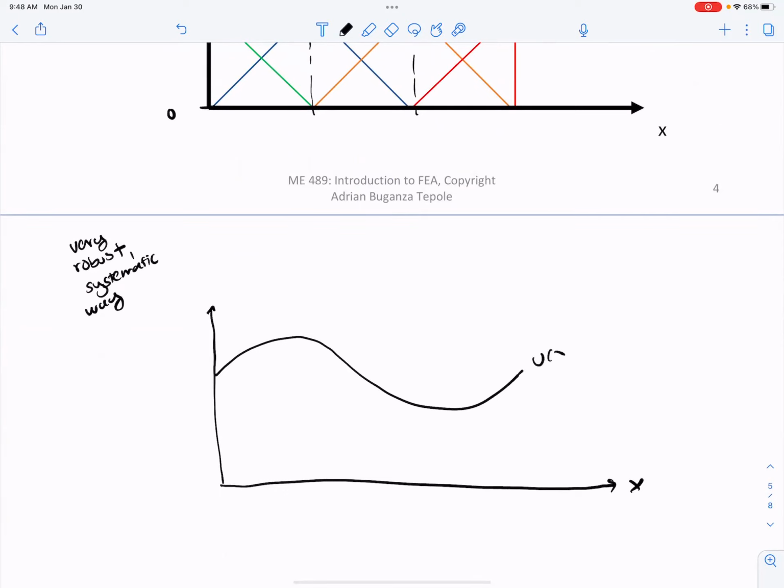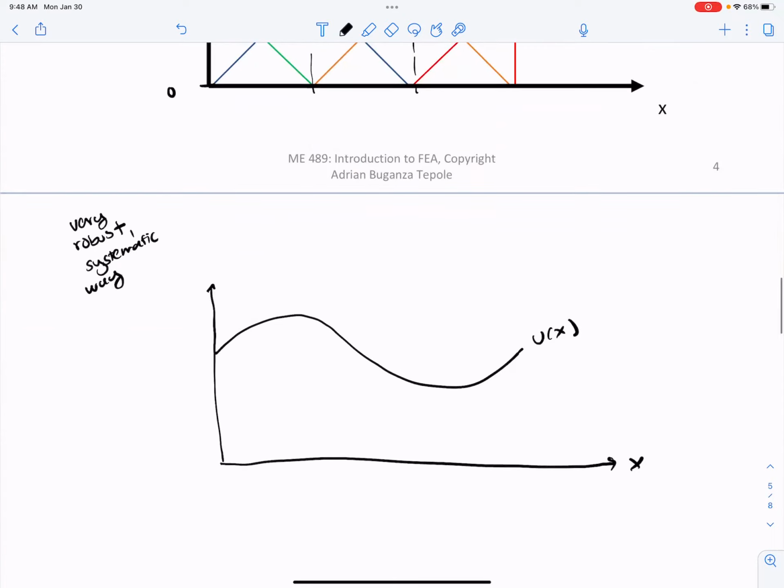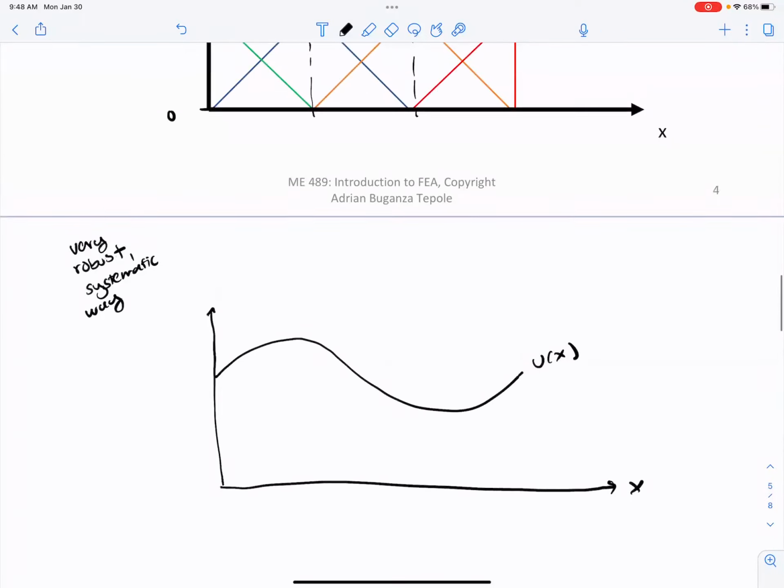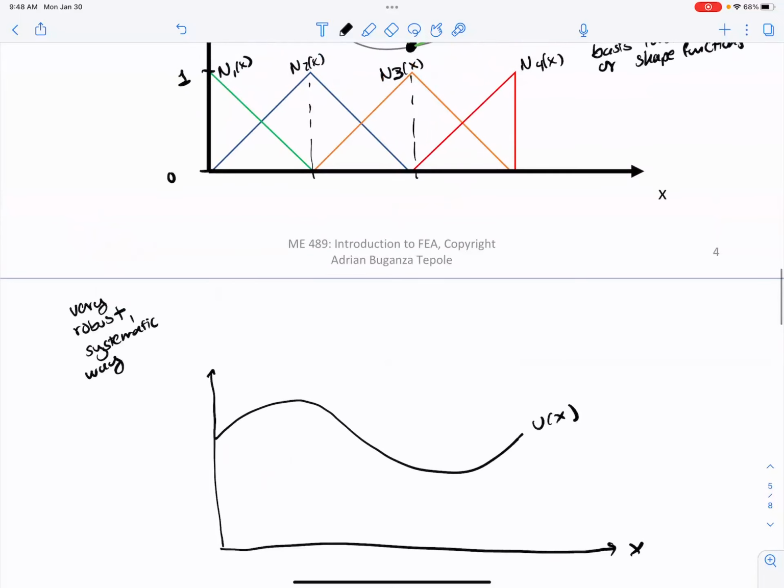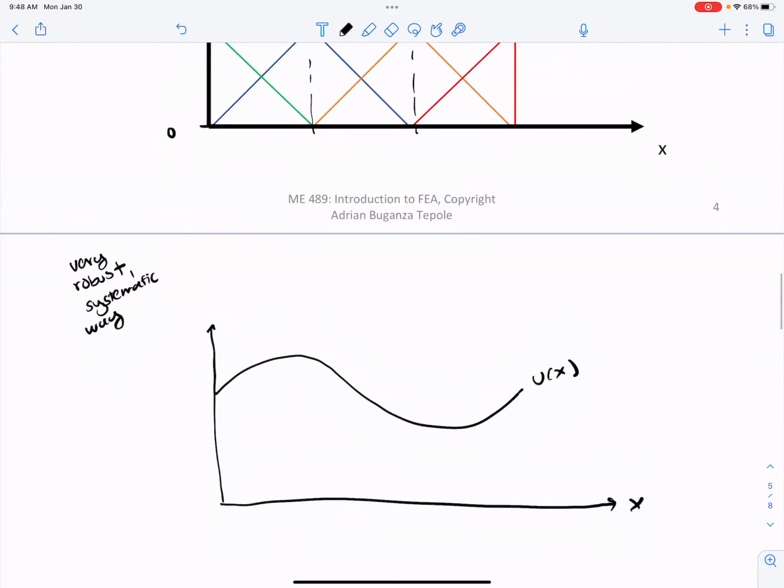So this is U of X. This is the original function that I would like to represent. But I don't know exactly what the form of this function is, but I'm going to approximate it by using these hat functions. But now instead of 3, let's say that I want to do, I don't know, this many, right?